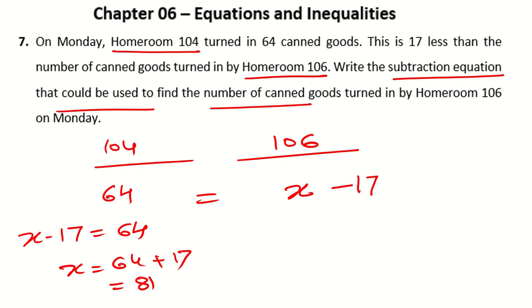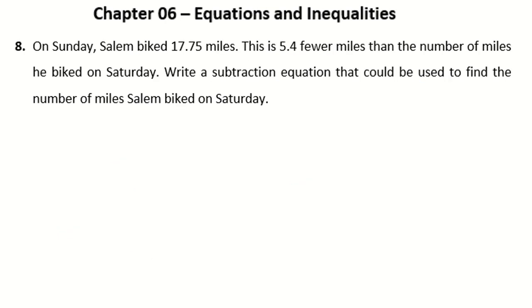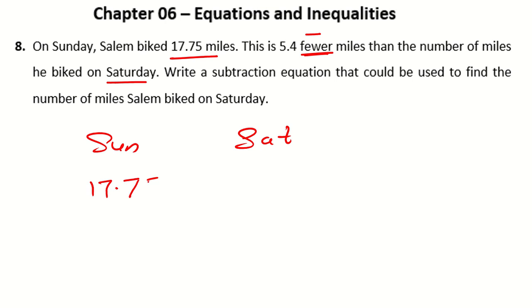Okay. Now next is, on Sunday Salem biked 17.75 miles. This is 5.4 fewer miles than the number of miles he biked on Saturday. Fewer means, if you remember I told you, minus. So you see, Sunday and Saturday, two things are there. On Sunday he biked 17.75.